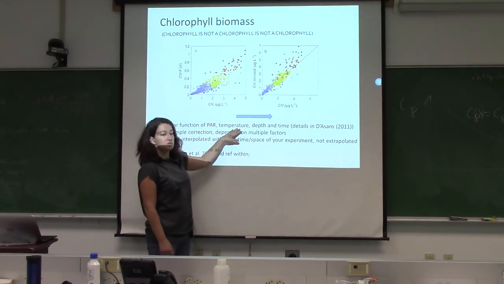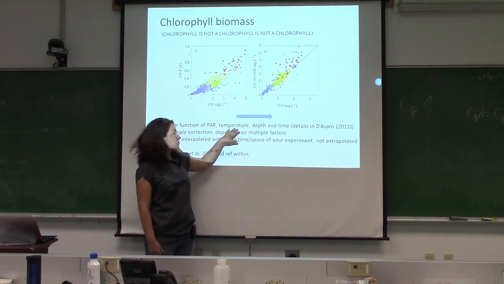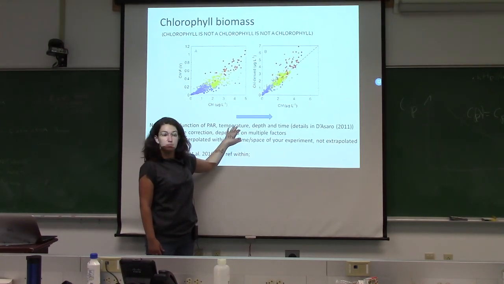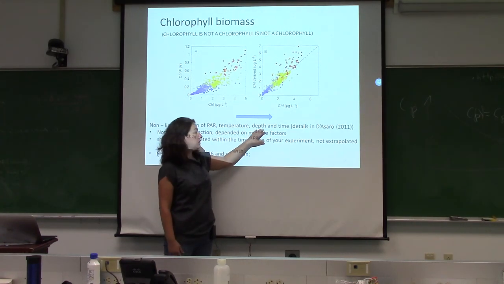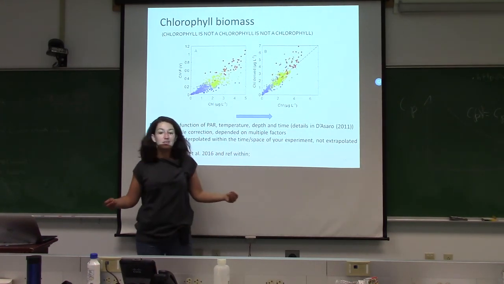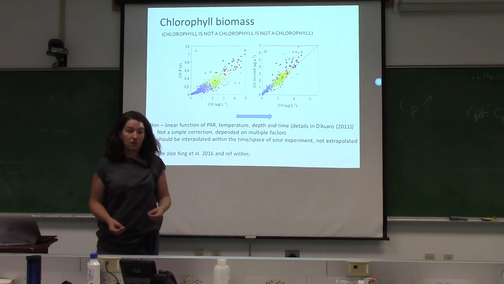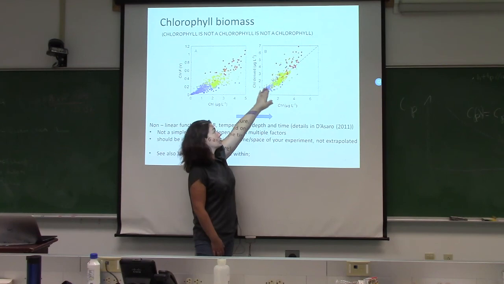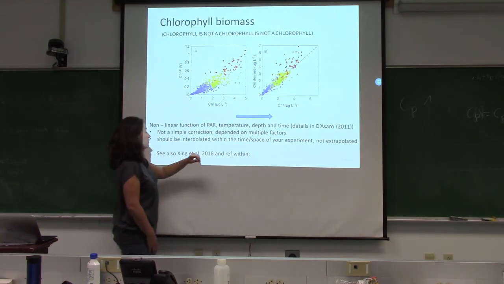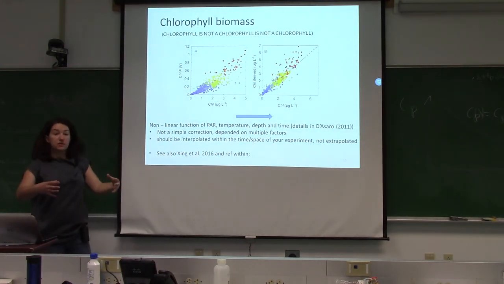Then we looked at the temperature. And temperature in this situation was a function of nutrient availability. And we corrected for that. And then we corrected for depth, again nutrient availability, and then time, because over time we had a change in the species composition. And that gave us a really nice fit between chlorophyll that we measured and chlorophyll derived. However, we just used that to interpolate the data.